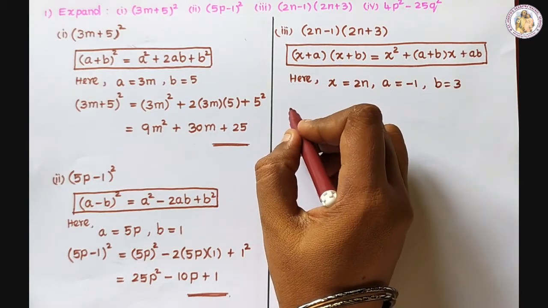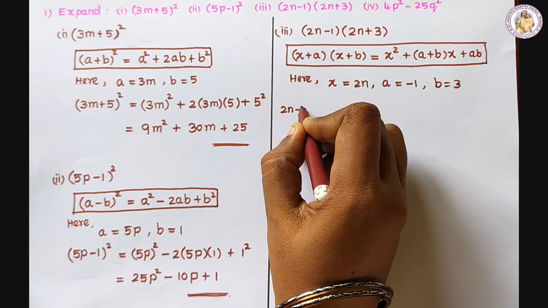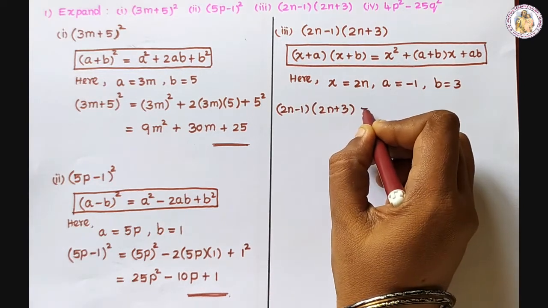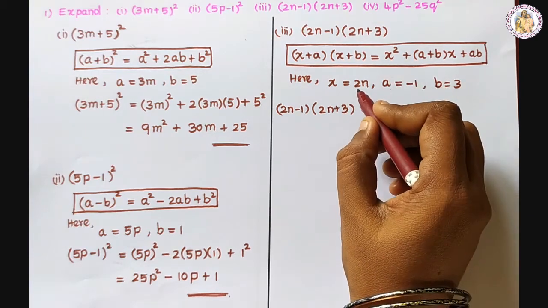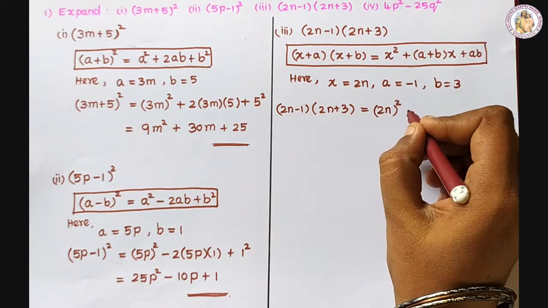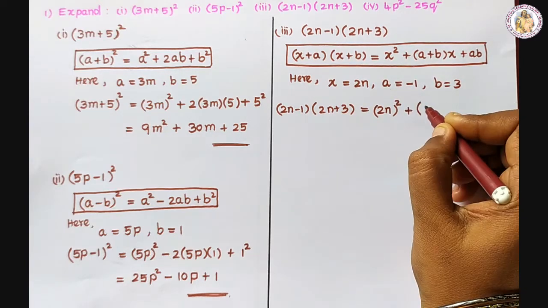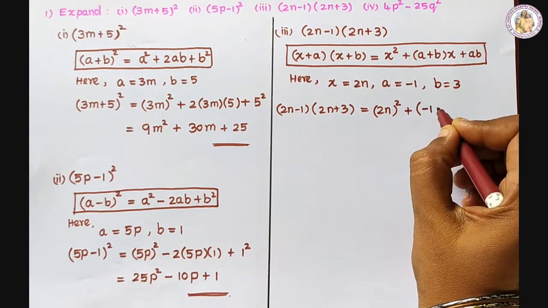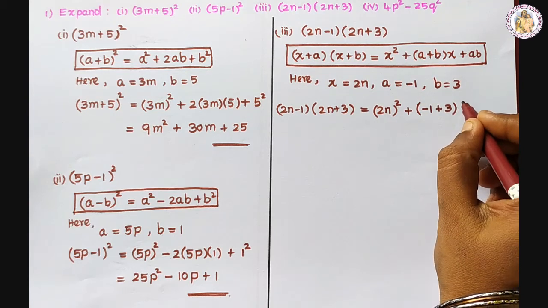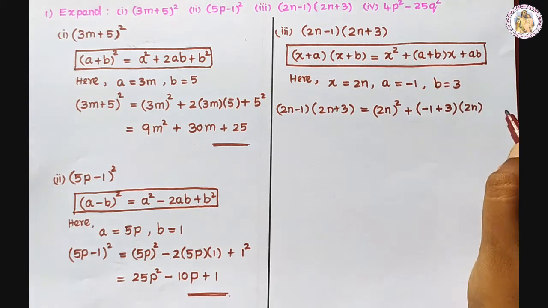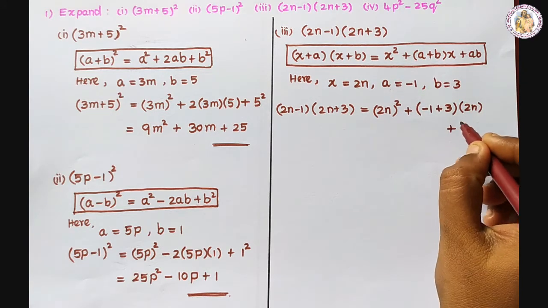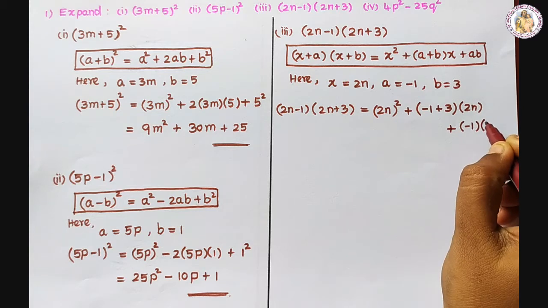Now substitute the values. (2n minus 1)(2n plus 3) equal to x squared, what is x here? 2n squared, plus a is minus 1 plus b is 3, into x is 2n, plus a is minus 1 into b 3.